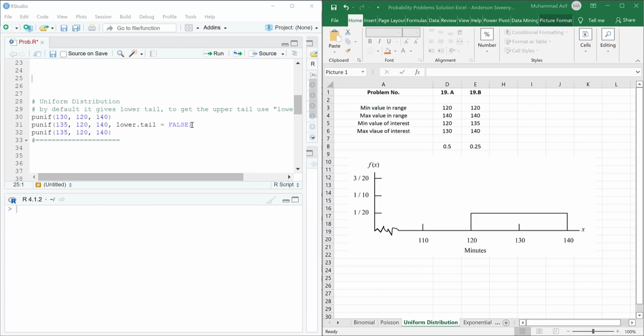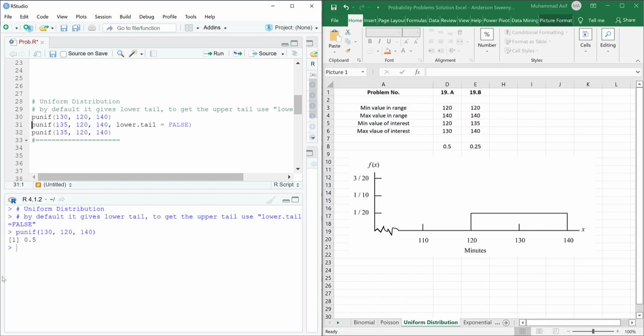So for example, in this case here that's 130 is the value of our interest, and the range is 120 and 140. If I run this one, it will give me this distance, this area from 120 to 130, that's a lower one, so that's a default in this one. And I run this command and that gives us 50%, 0.5, that's exactly the same that we had calculated earlier.